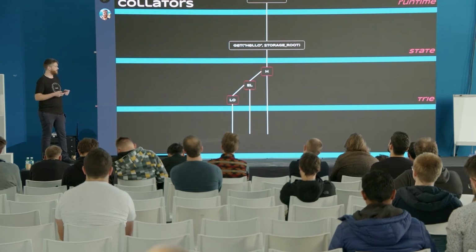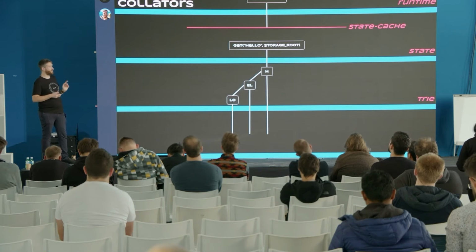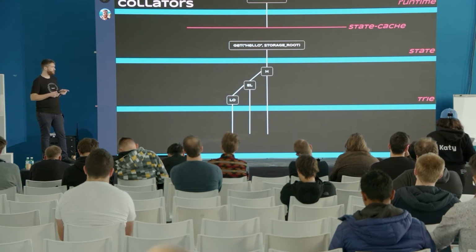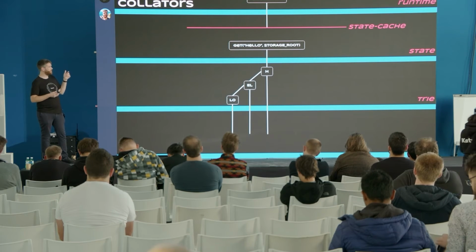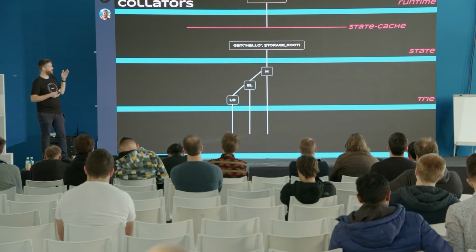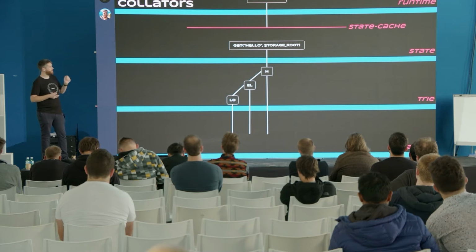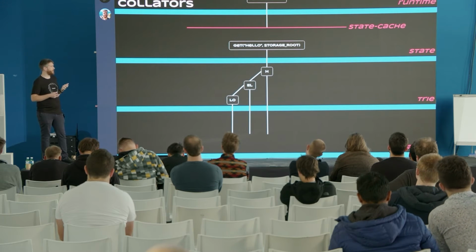In our case here, we would say, okay, we accessed the H, the EL, and the LO Trie nodes, all of them. But now, if you remember, the state cache was actually sitting on top of it. So it would intercept all these calls. Like, for example, assume that our hello key was cached in the state cache, and we would return it to the runtime.